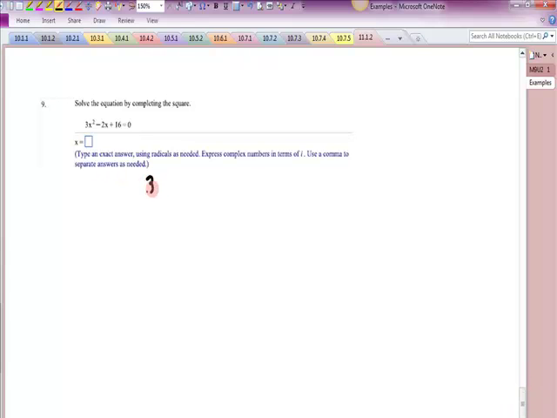I have 3x squared minus 2x plus 16 equals 0. All right, I notice right away that the coefficient of the squared term is not a 1. So I choose to divide everything by 3 as my first step.